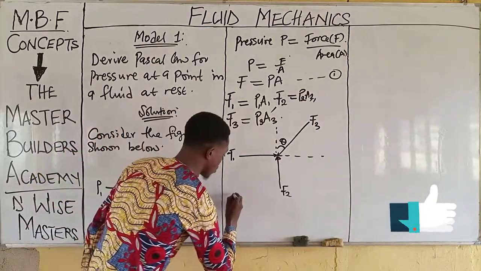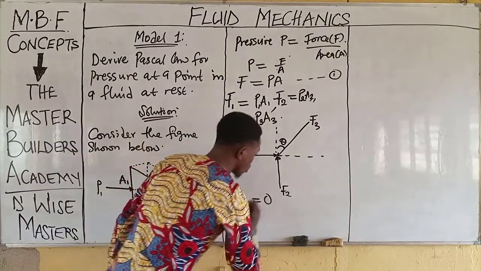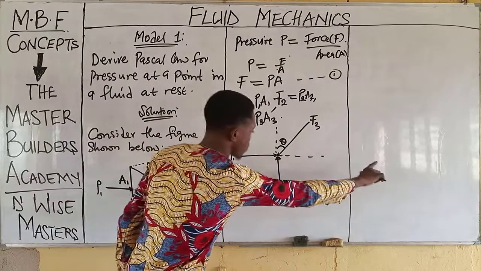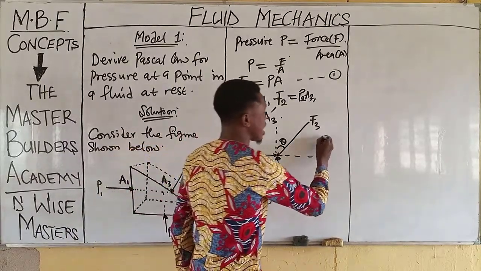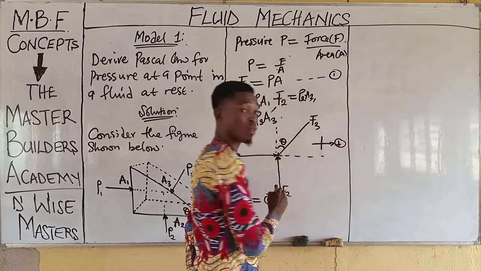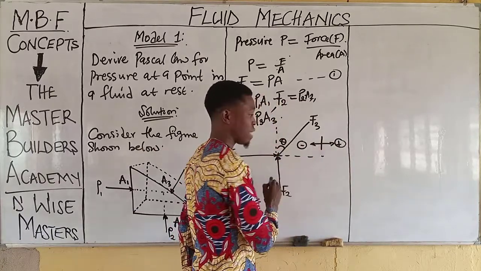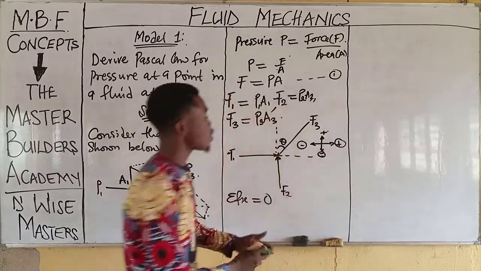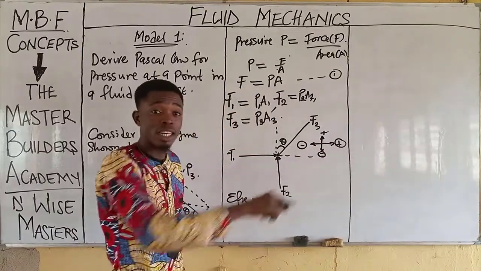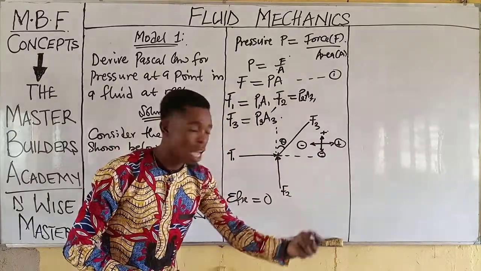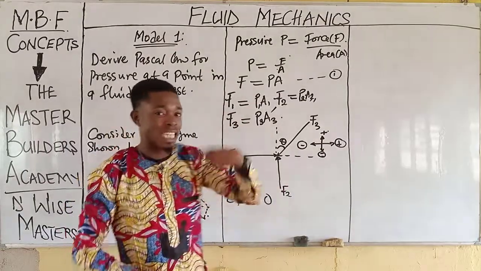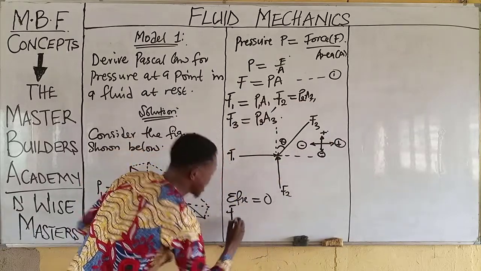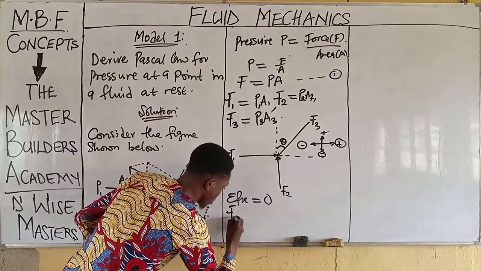So all we need to do here is to have the sum of Fx equal to 0, using the equations of static equilibrium. If I resolve these forces along the X axis, in coordinates this is the positive side of X and this is the negative side of X. This is the positive side of Y and this is the negative side of Y. So any force acting towards the right is taken as positive for X, and any acting towards the left is taken as negative for X. Therefore, F1 acting in the positive direction is positive.